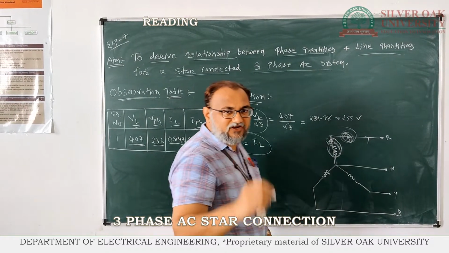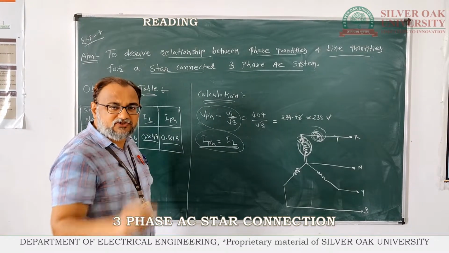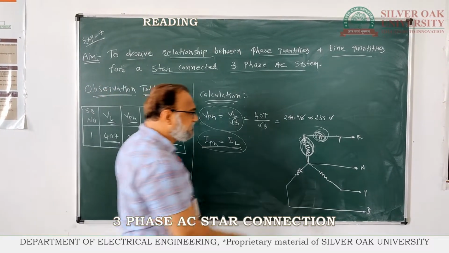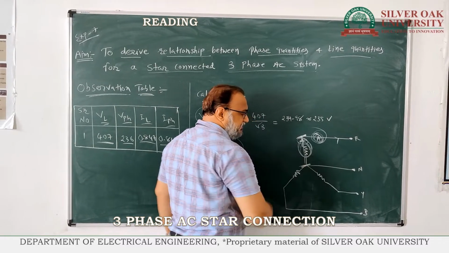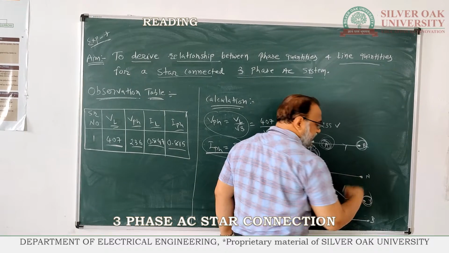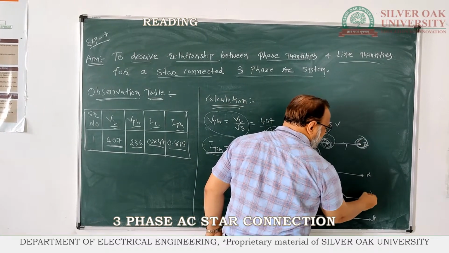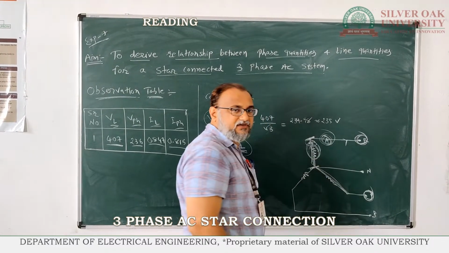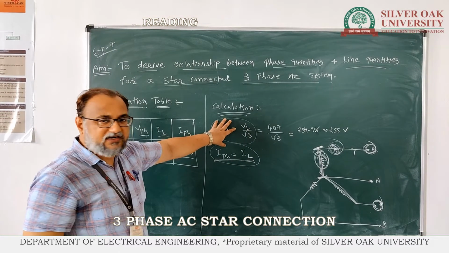That is how we can understand that phase current and line current are equal in case of star connection. And for star connection, if I measure voltage between these two terminals, it is phase voltage, and between this terminal and this terminal, it is line voltage. Basically between these two lines, R and Y, there are two phases connected in opposite direction. So if you simplify this circuit, you will get this relationship.